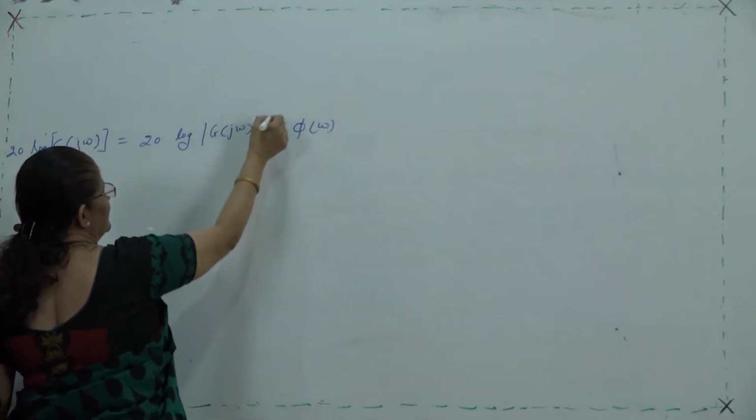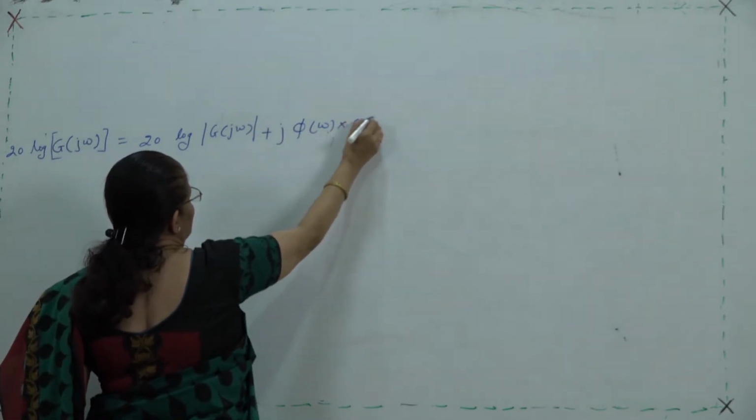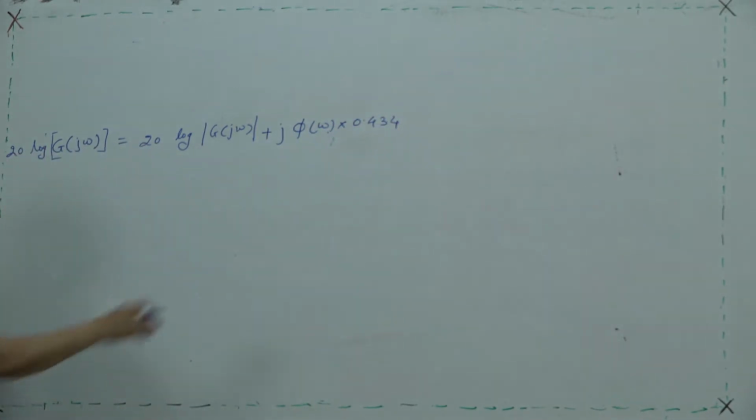Because we are considering logarithm, here we will get a multiplying factor 0.434, but this is just the scaling factor.